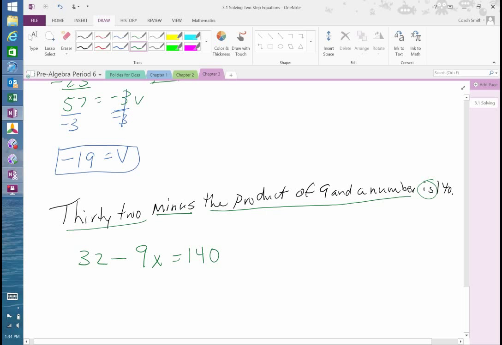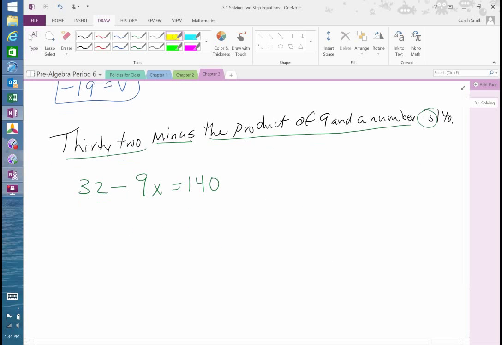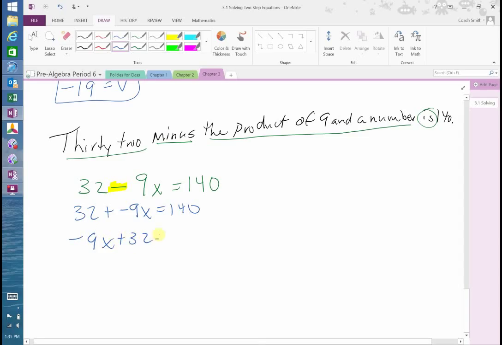So this is a problem just like the one we did. The minus sign is in front of our variable. So we want to go ahead and transform it to that right there. Then I'm going to use the commutative property and make it look just like the rest of the equations we've been doing.